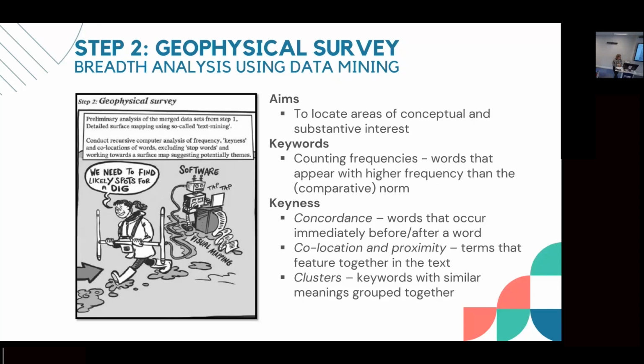We've also looked at concordance, words that occur immediately before or after a word, collocation and proximity, so terms that feature together in a text, or clusters, so keywords with similar meanings that are grouped together. And this helps you handle this mass of qualitative data and look for, to go back to the archaeological metaphor, particular subsurface features that you might want to examine, places you might want to dig deeper into the data.